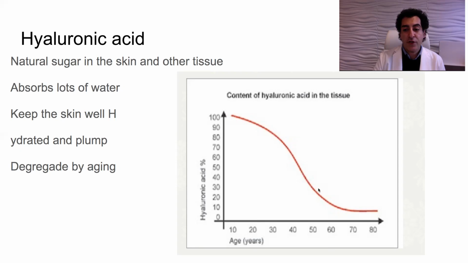Between the ages of 30 to 60, we have a very significant degradation and decreased amount of hyaluronic acid. And that's usually the time that you gradually start seeing some of the aging. This is a very good time to start treatment before we get to the very severe aging process.